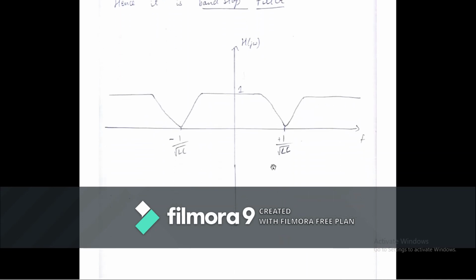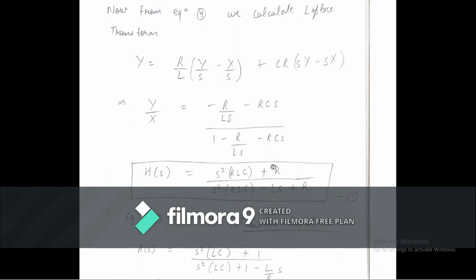Now we will take the Laplace transform of our equation 4 to get the transfer function. Taking the Laplace transform, we get this equation, and we know that Y by X equal to H of s. Simplifying this equation, we get our transfer function, which is equation 7.